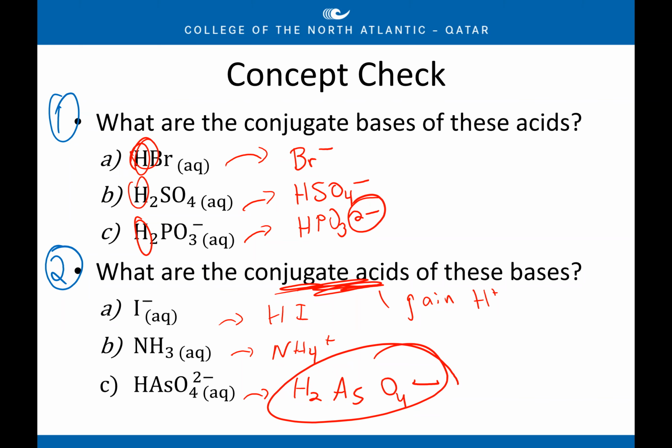So Cl minus cannot be an acid because it does not have a hydrogen. I hope that makes sense. So again, what you're saying is, Cl minus does not have a hydrogen. It cannot be an acid. It has to be a base.